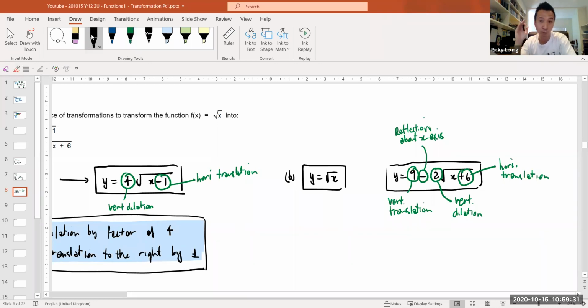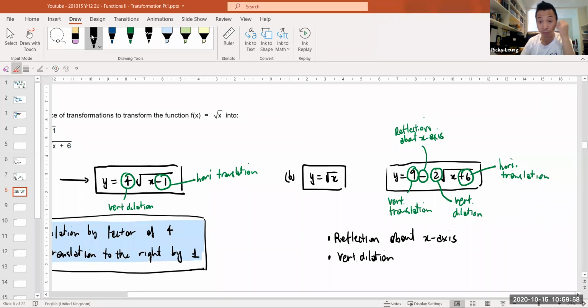Remember the order: reflection, your verticals with dilation before translation, and then horizontal. So once you get that pecking order down your belt, it's pretty predictable, right? Reflection about the x-axis, vertical dilation first.